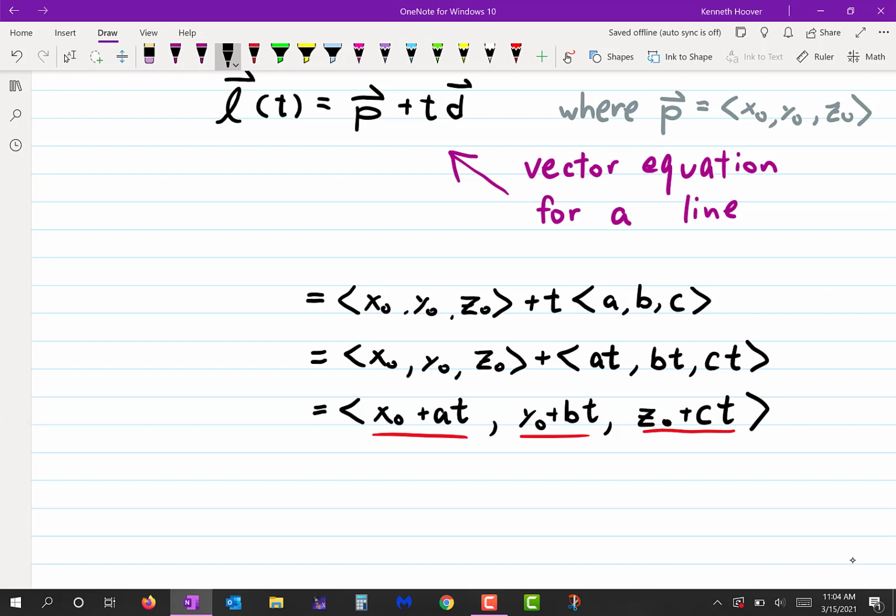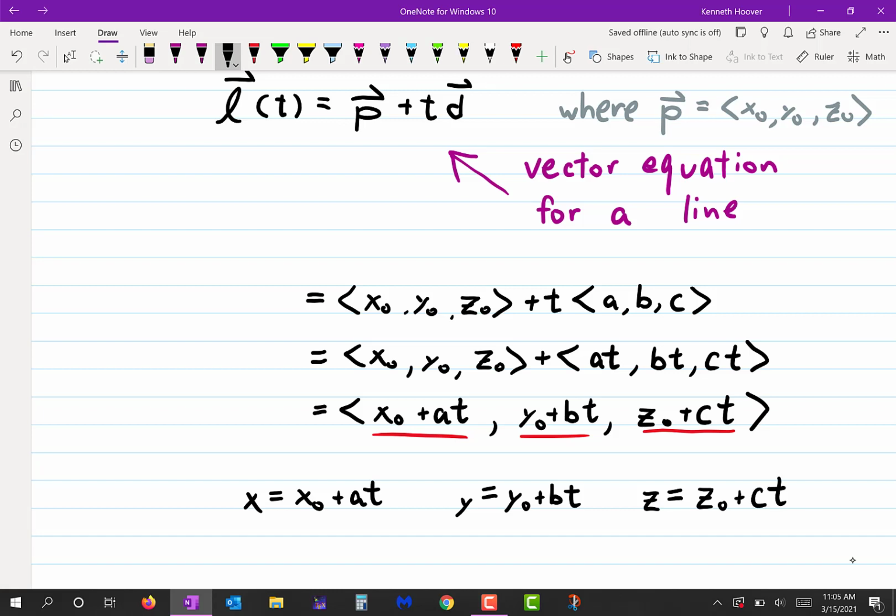I can write x equals x naught plus at, y equals y naught plus bt, z equals z naught plus ct.